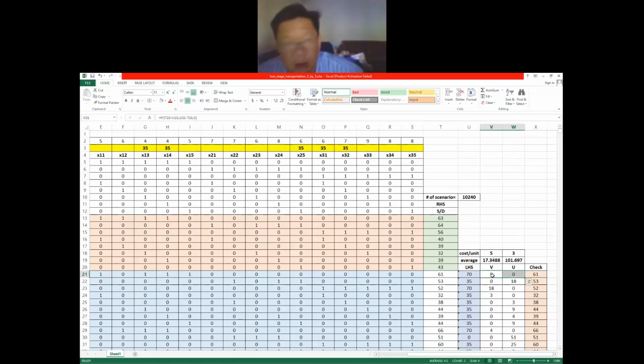So I'm going to color this yellow, similar to the previous one, so that the yellow shaded area is all decision variables. Okay, so this one is your changing cell.